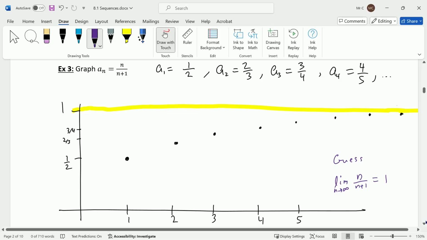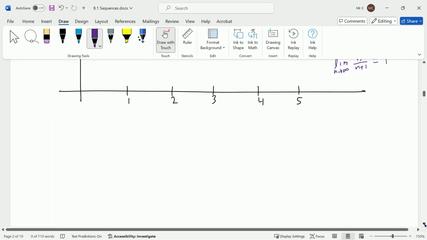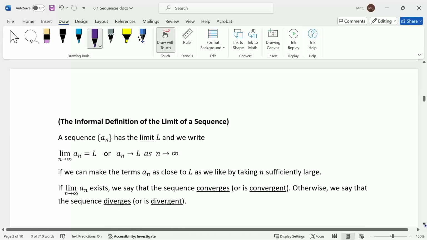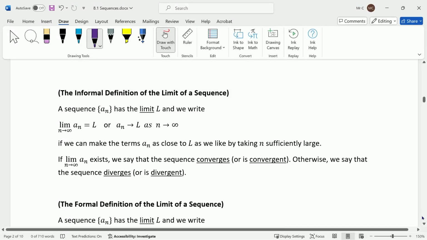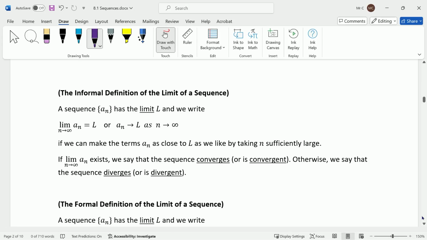But for now, we're going to take a look at the informal definition for the limit of a sequence and the formal definition. The informal definition of the limit is really just how you think about a limit intuitively.